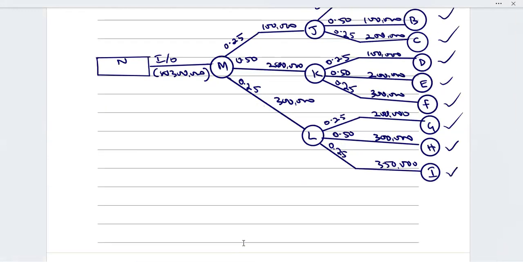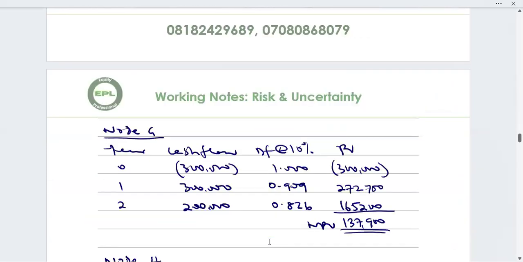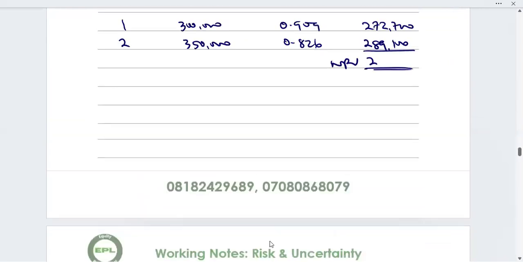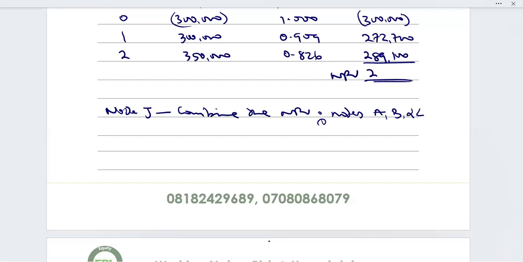So we are going to node J. Node J is coming from nodes A, B, and C. Therefore, we combine the NPV of nodes A, B, and C for node J.